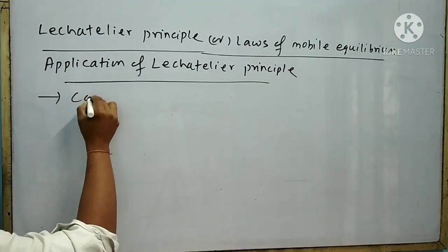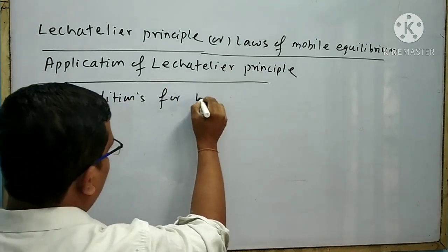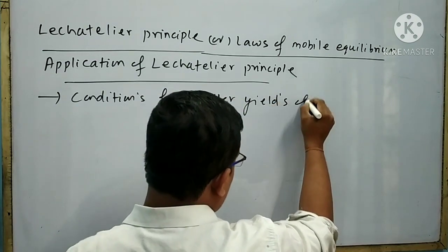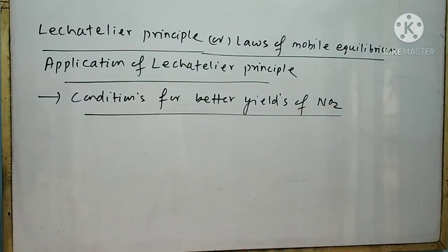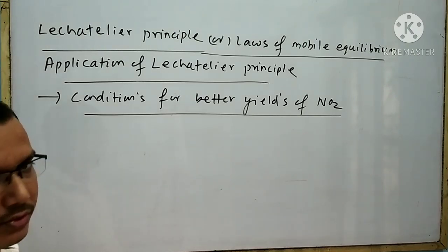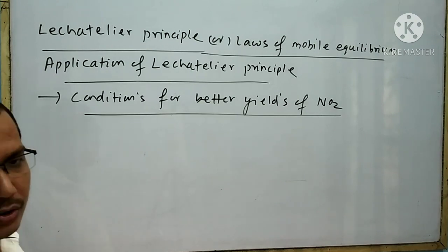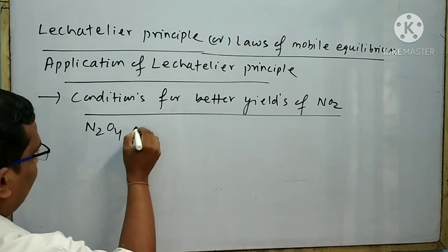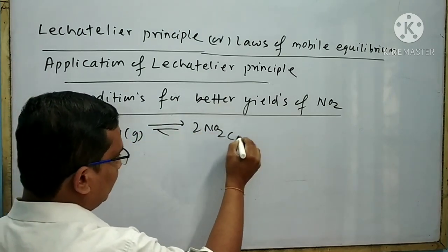Take another example. What are the conditions for better yields of NO2? NO2 is related to the dissociation of nitrogen tetroxide. That means I can write the reaction like this: N2O4 gives 2NO2.